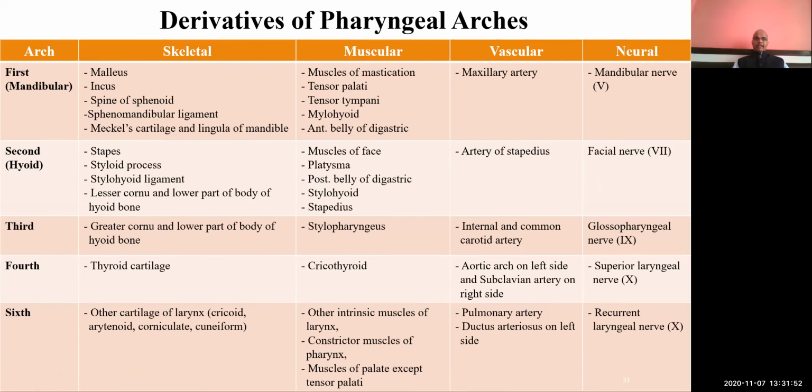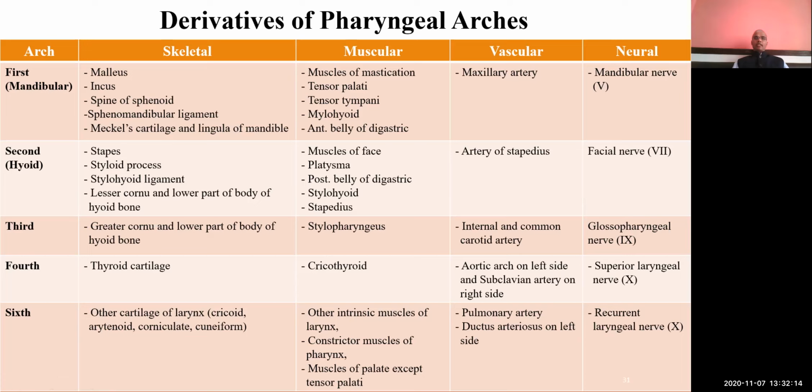Next, derivatives of the pharyngeal arches. The first, mandibular arch: skeletal components are the malleus, incus, spine of the sphenoid bone, sphenomandibular ligament, Meckel's cartilage, and lingula.